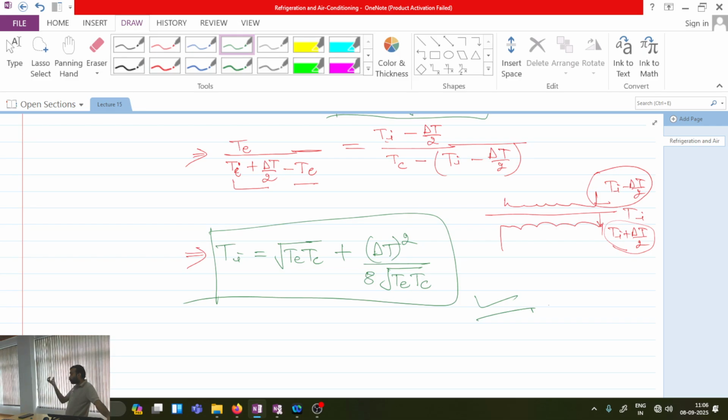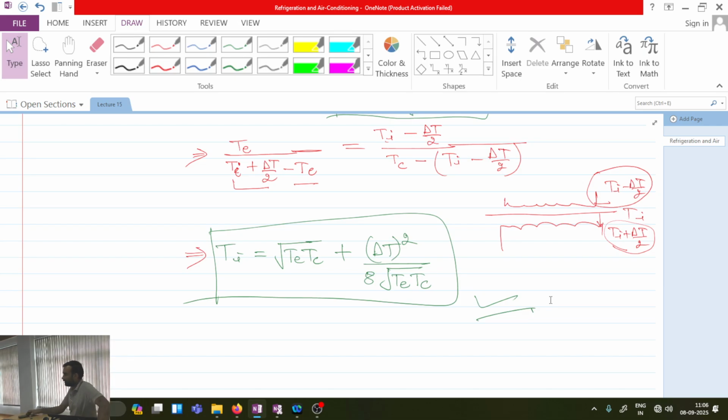So we have to choose the value of delta T which gives good thermodynamic efficiency, and at the same time the size of the system is also cost effective. So that is how delta T is linked to the selection of the intermediate temperature and to the size and performance of the system.